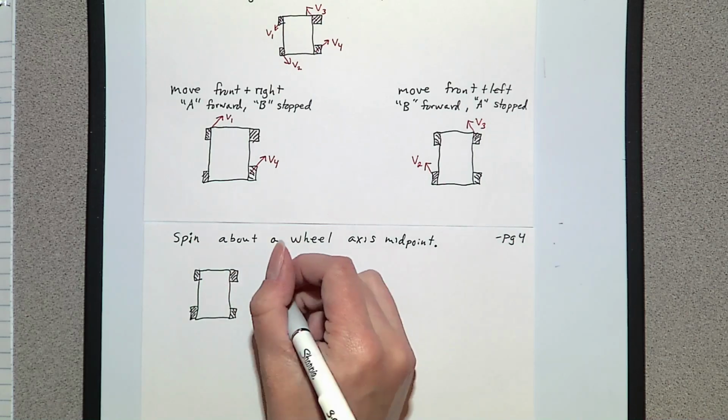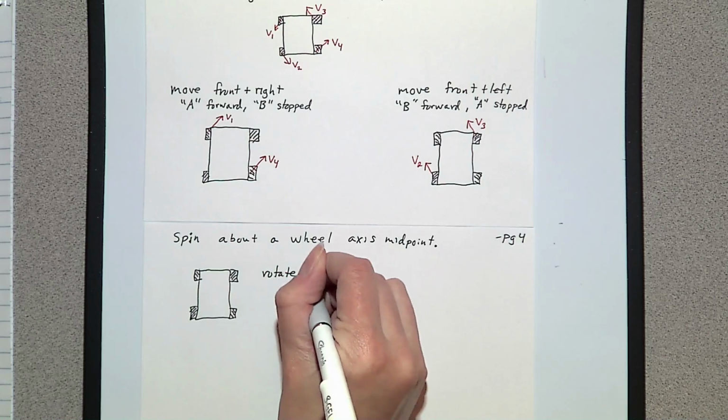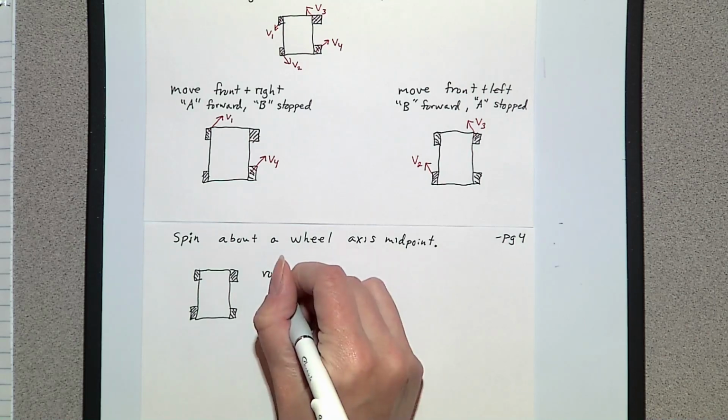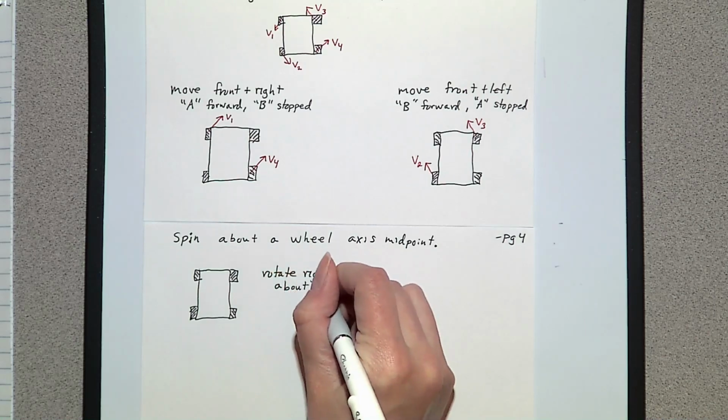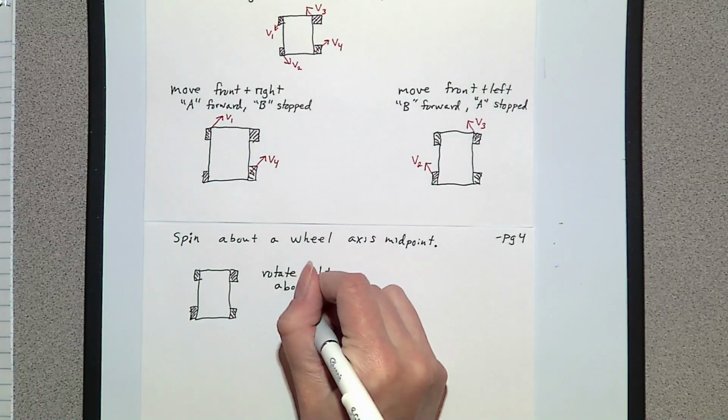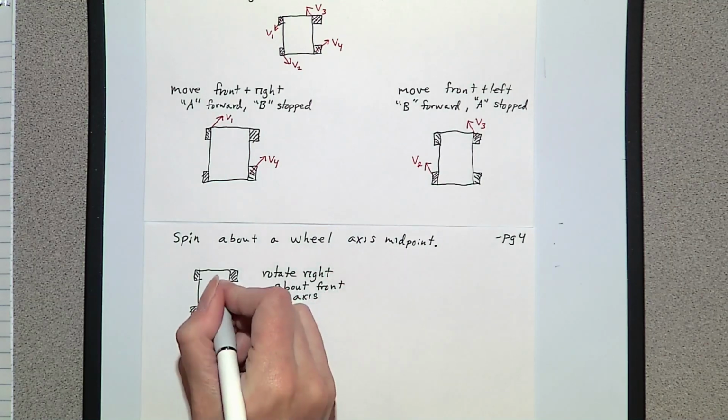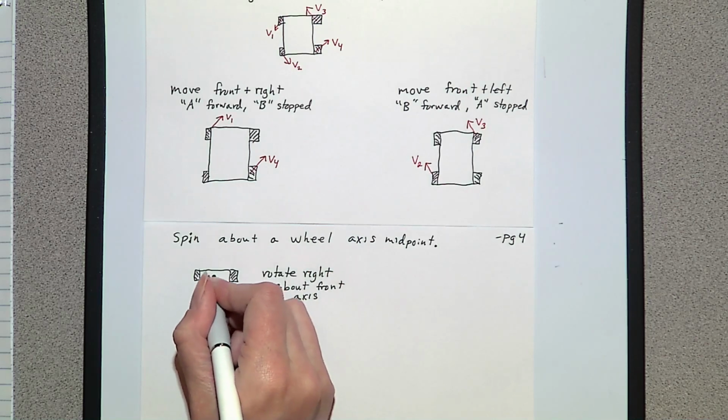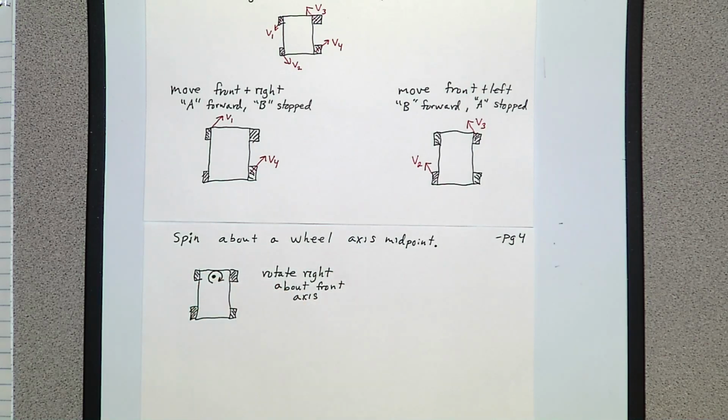And let's say that I want to rotate right about the front axis. So this point here, I want to rotate right about that axis.